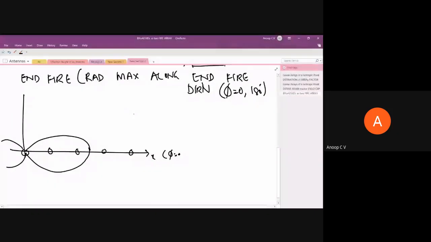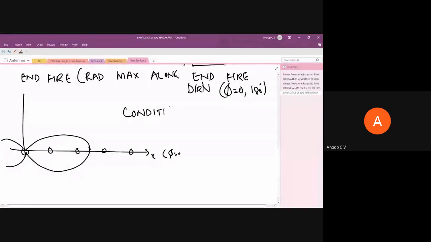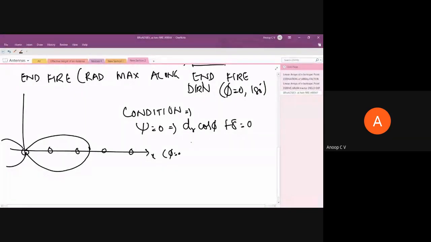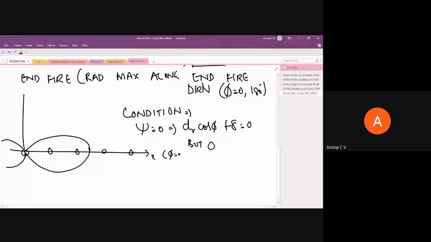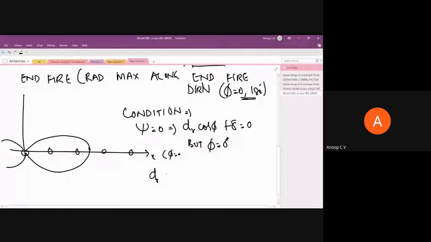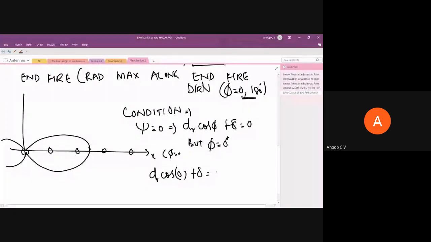So the condition is psi equal to 0, which implies d r cos phi plus delta is equal to 0. But phi should be 0 degrees if I have to get the maximum along 0 degrees. So I can write d r cos 0 plus delta is equal to 0.